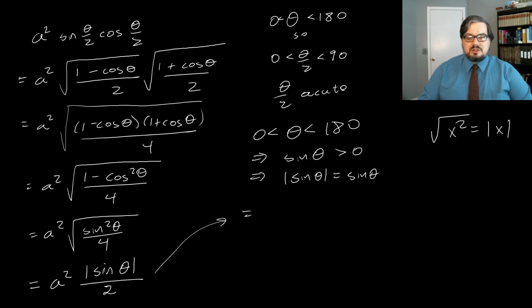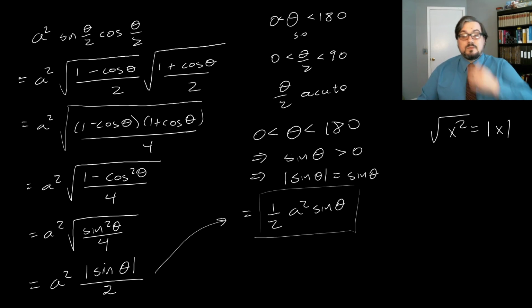So our result then is 1/2 a squared sine theta. And so this is the area of an isosceles triangle with two sides of length a and an angle of theta in between them that we got using our half angle formulas.